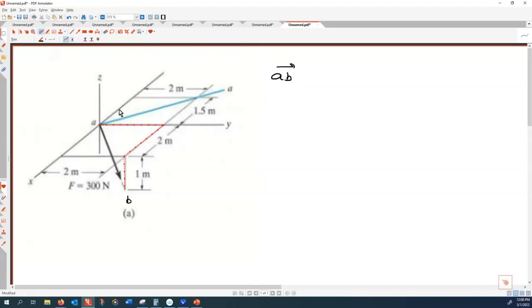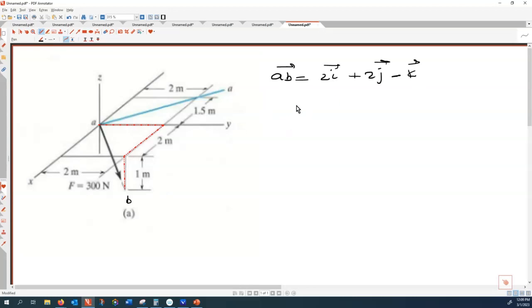Okay, AB, that is 2i, 2j, and minus k. Does that make sense to everyone? Yes? All right. So the next step is I need to find this unit vector.